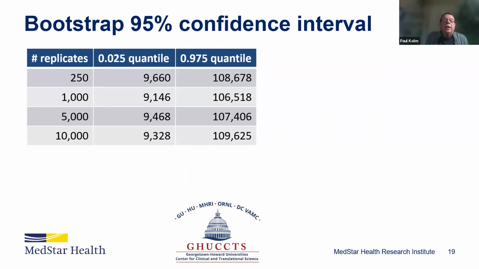Of course, every time you do a random selection with replacement, you're going to get a slightly different, or even maybe sometimes fairly large, difference in estimation of the 95% confidence interval. But in any case, these are all legitimate estimates of the 95% confidence interval. And so you can decide how many replicates you want to do.